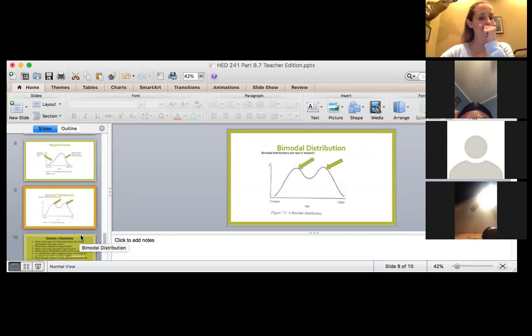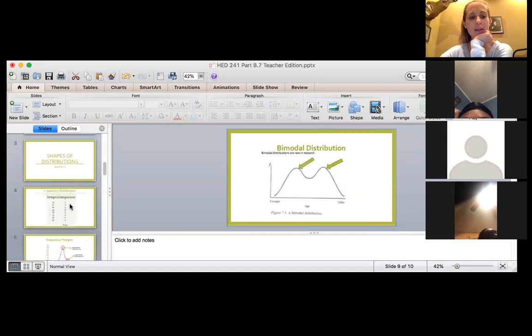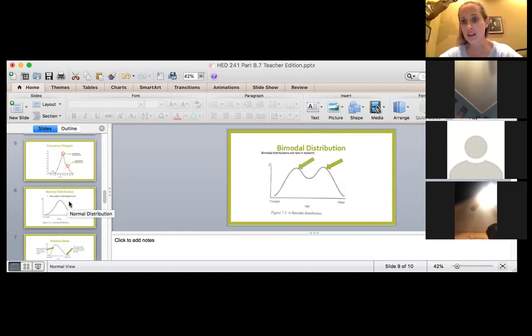For these on the exam, just think about it. I'll give you a scenario. If I said that a lot of people in the population are obese, which way would it go? Positive, negative, normal, or bimodal?